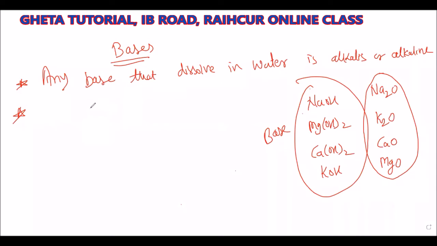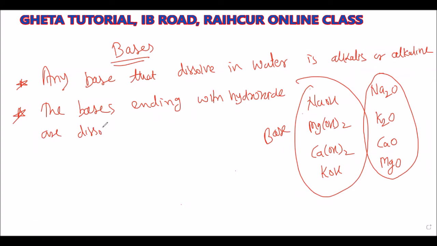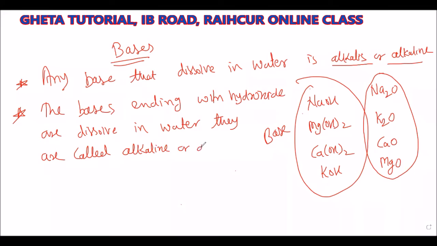So if you want to know which base is dissolved in water, always remember that the bases ending with hydroxide are dissolved in water, and they are called alkaline or alkalis.